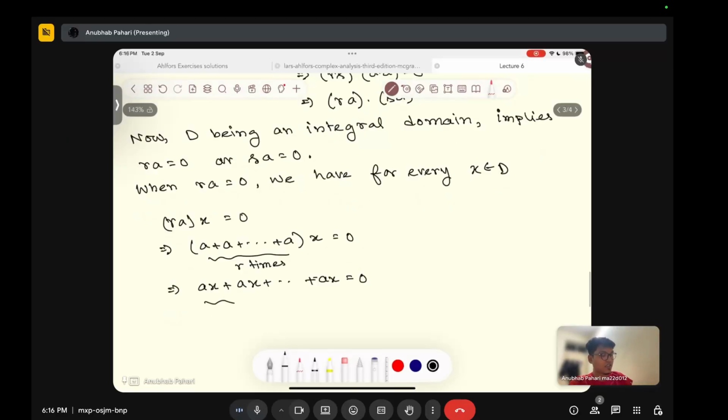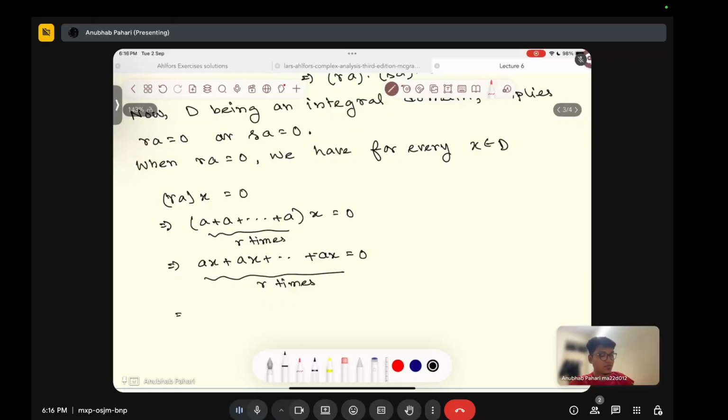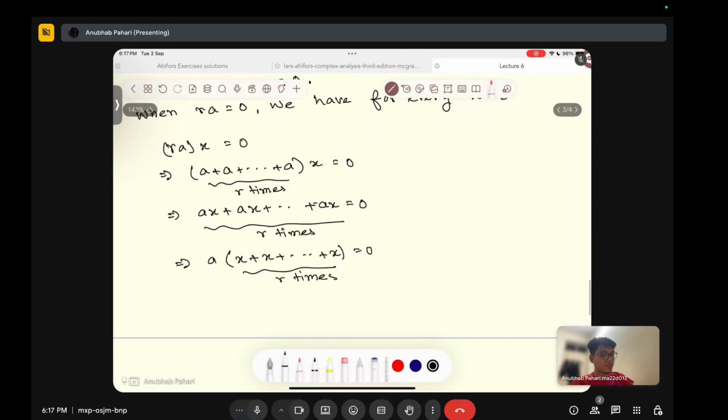It is also R times. So this would imply that A of X plus X plus up to X, R times, equals to A of RX equals to 0.